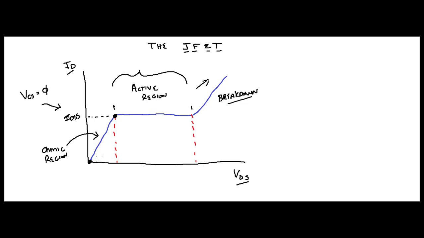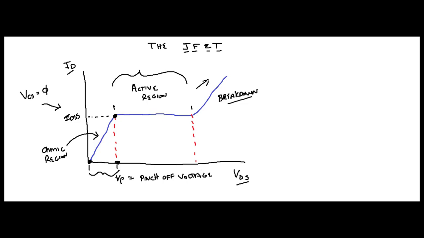So remember this kind of diagram. Once you get to this voltage, oh, by the way, this point right here is known as VP, which stands for your pinch off voltage.